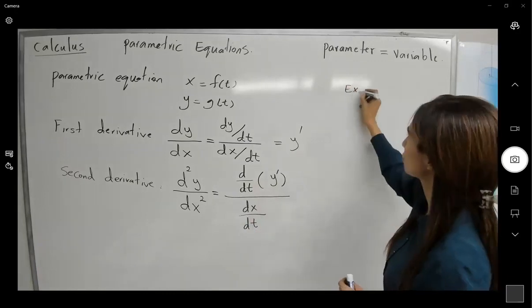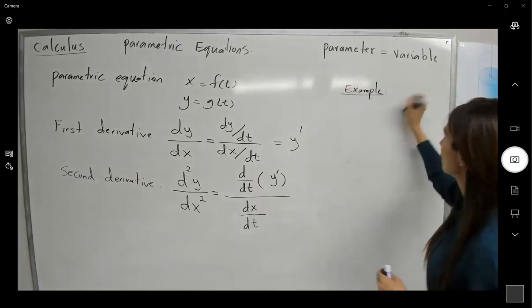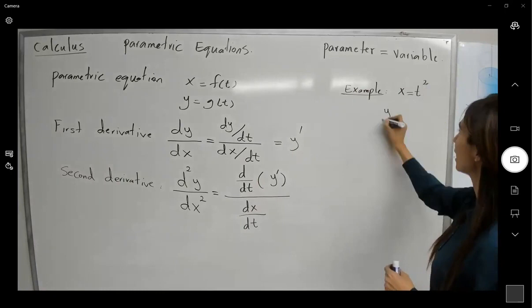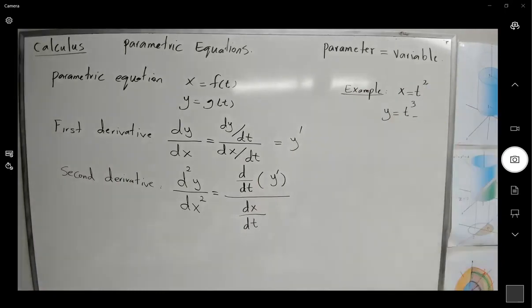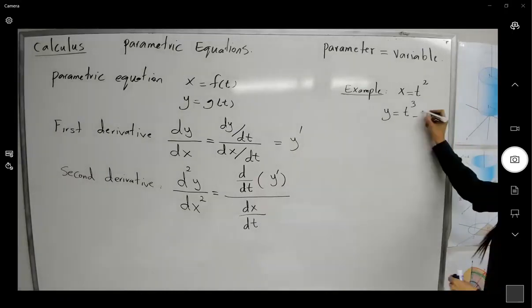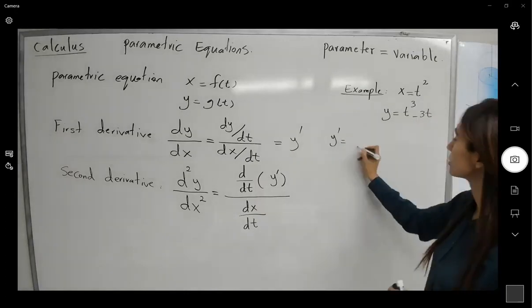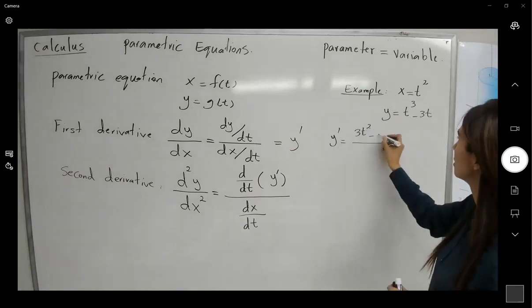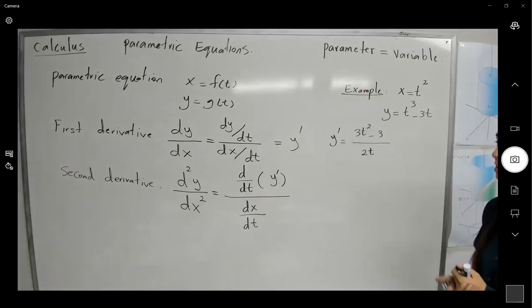Let us go back to our previous example. Our x was t squared and y was t cubed minus 3t. The first derivative was equal to 3t squared minus 3 divided by 2t.